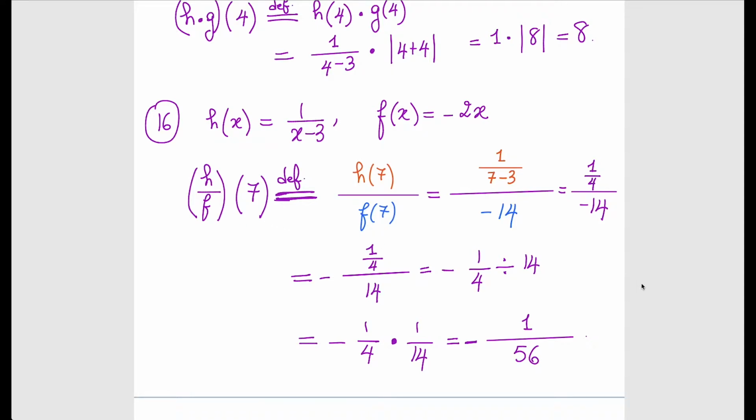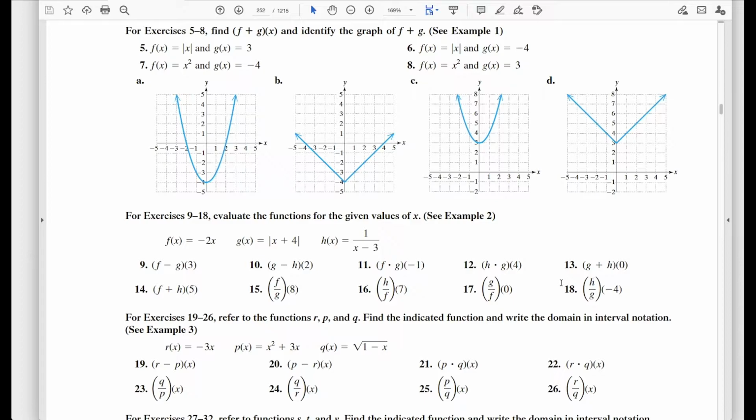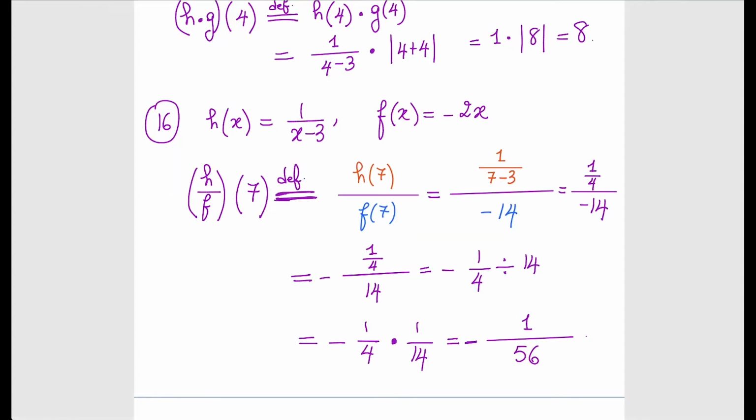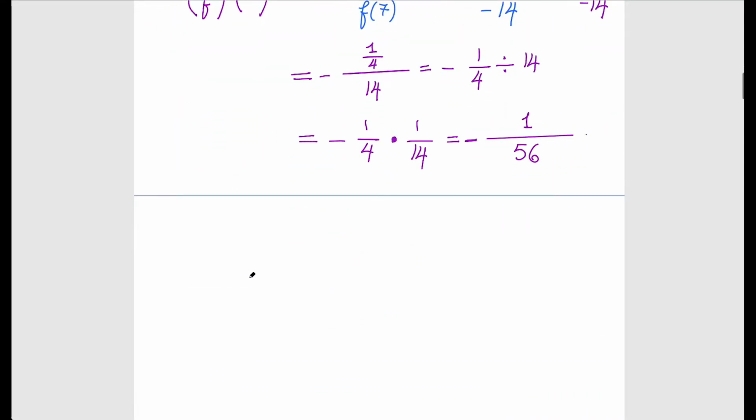Okay, let's go back to the book. How about 18? h over g evaluated at negative 4. So this is 18.